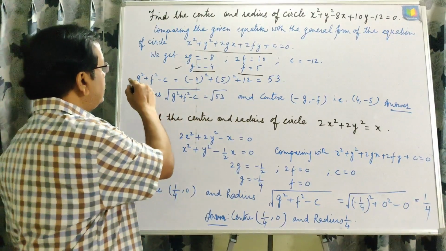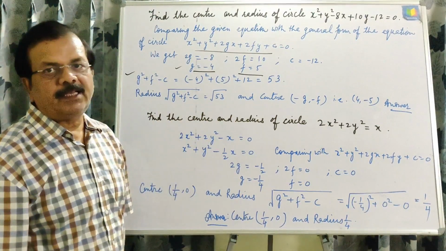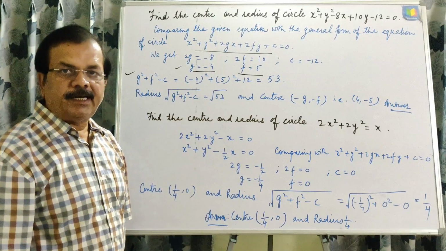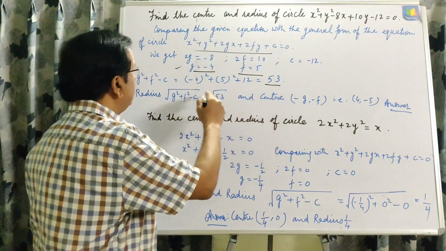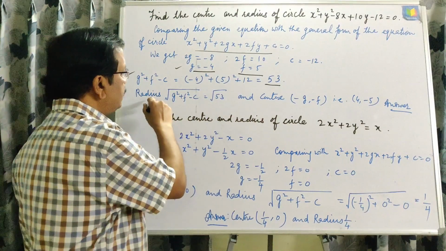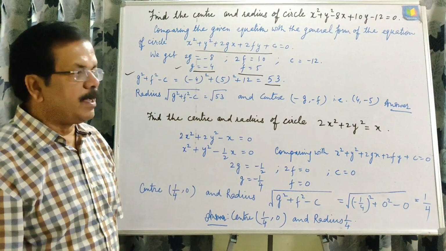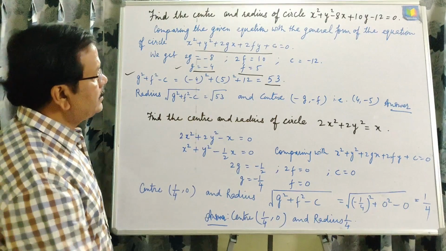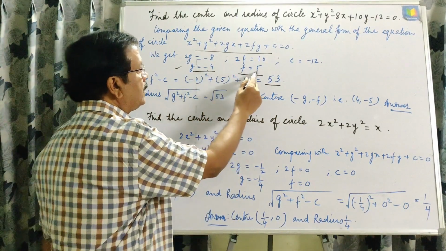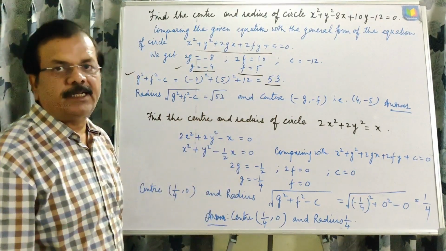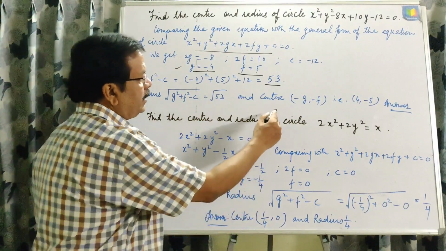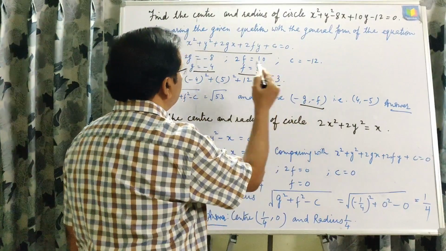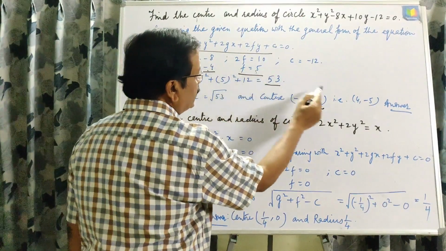And that is g square plus f square minus c, which is the radius. Then finding this way, root 53, because the radius will be root of g square plus f square minus c. And the center will be minus g and minus f, as we have already studied during the formula discussion. Then the center will be minus g, minus f, that is 4 and minus 5.